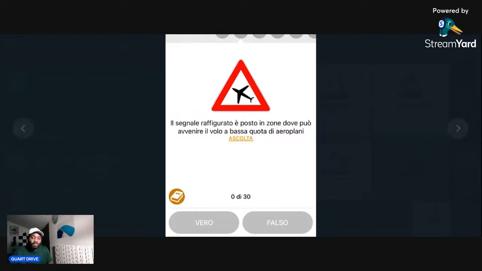It is placed in an area where planes normally move, mostly at the airport, or in places like a pilot training center or any place that planes normally take off. So this talks about a movement of planes at that particular place. Whenever you see a sign like this, you have to know that there might be a movement of planes there. So the answer here is Vero.